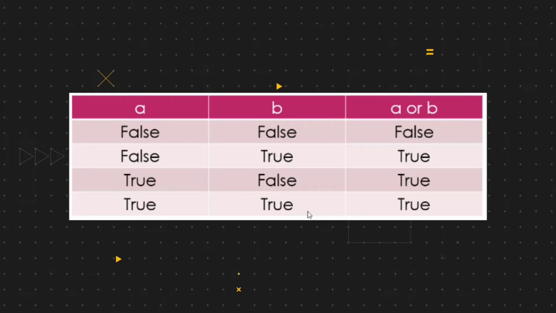Now for the OR operator, if either of the inputs or the operands is true, the output is going to be true. Continuing with our job example, this time around we'll say if you are less than 25 or you have 4 years experience, then you will be qualified for that job.